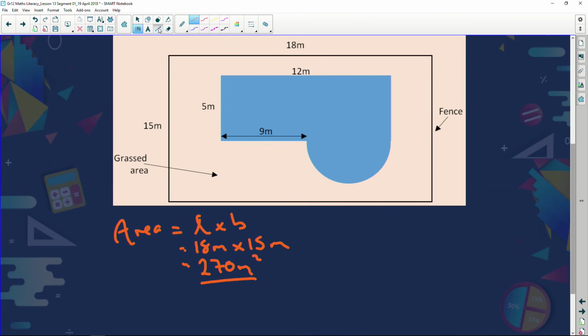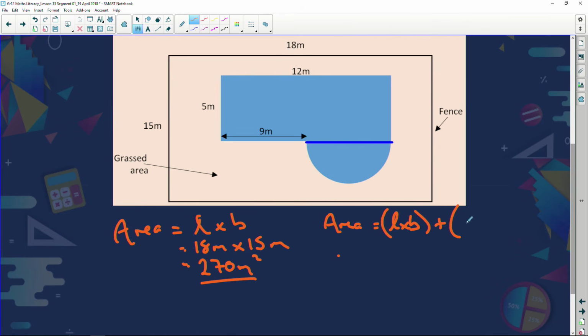Now, what's the area of the pool? Well, were I to take a nice little line here and draw a line across, I can actually see that what I now have is a rectangle and a semicircle. So the area of the pool is going to be the length times the breadth, which is this part, plus the semicircle.